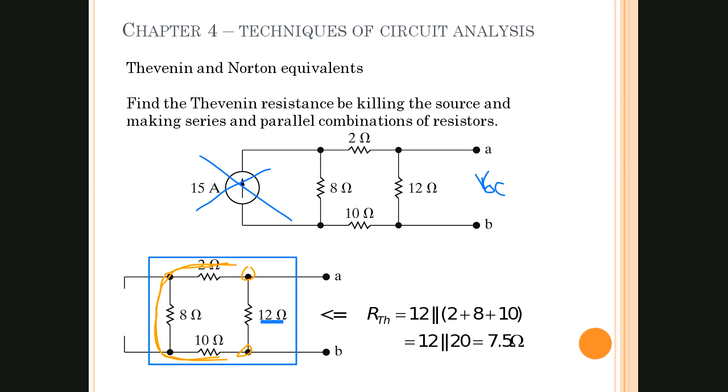So these 3 resistors are in series, but all 3 of them are in parallel with this 12 ohm resistor. So we can use the parallel equation to find the Thevenin resistance, which is this thing here. And in this case, we get 7.5 ohms.